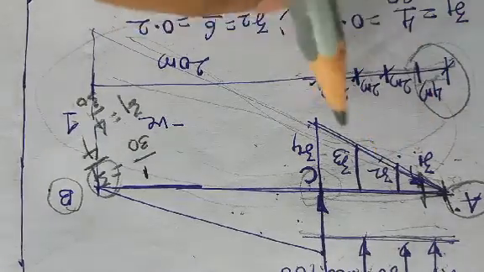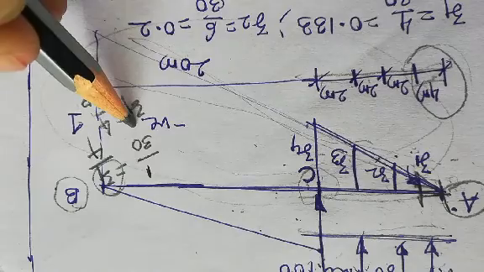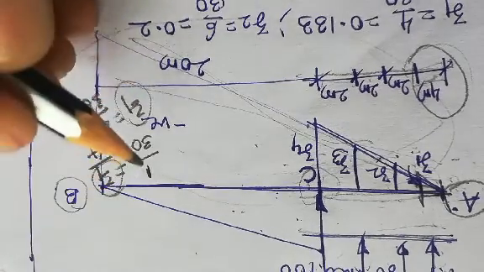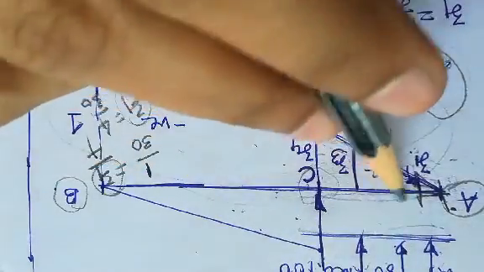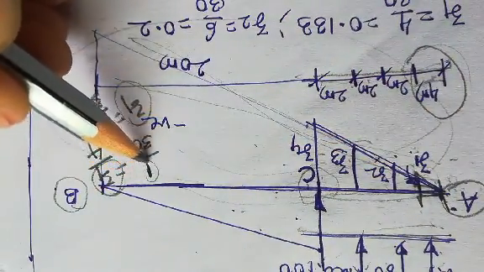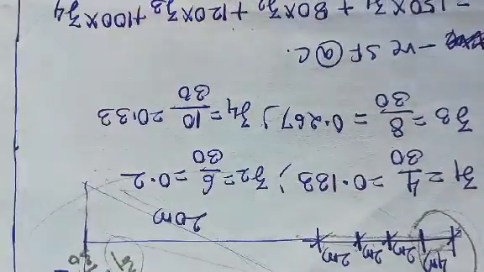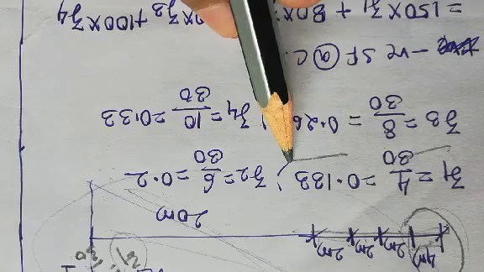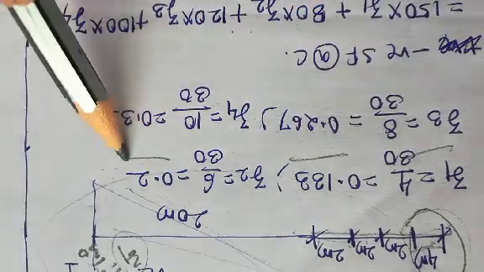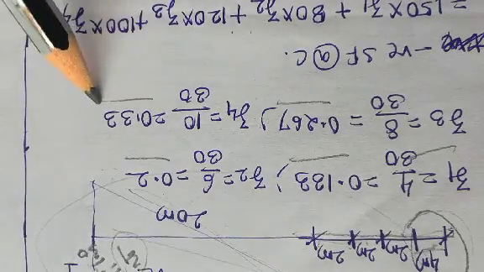Similarly, do it for Z2, Z3 and Z4. We can do it directly by both the bases, provided the height is 1. So I am getting Z1 as 0.133, Z2 as 0.2, Z3 as 0.267, Z4 as 0.33.